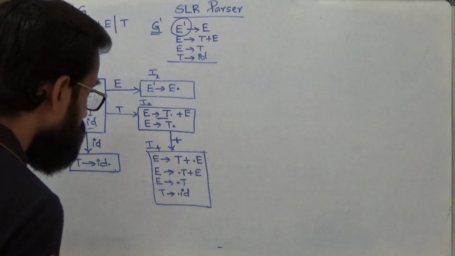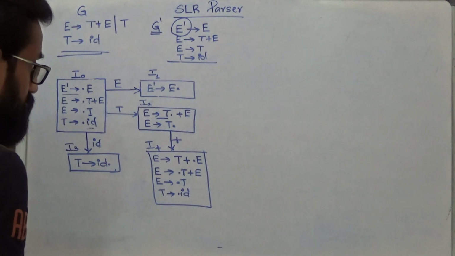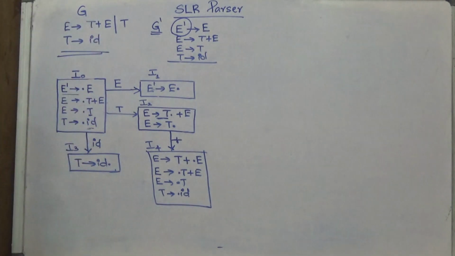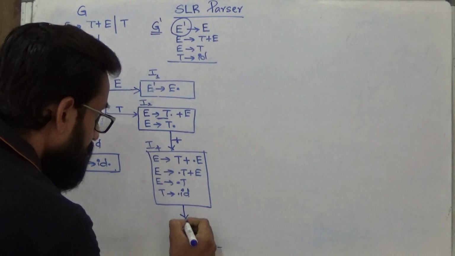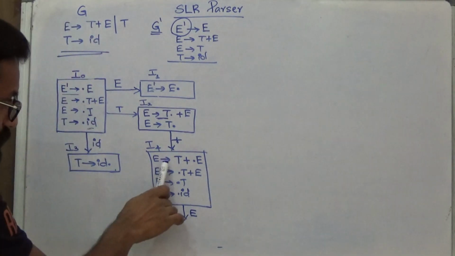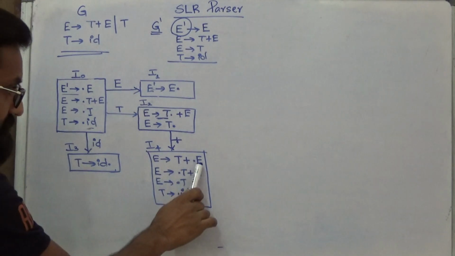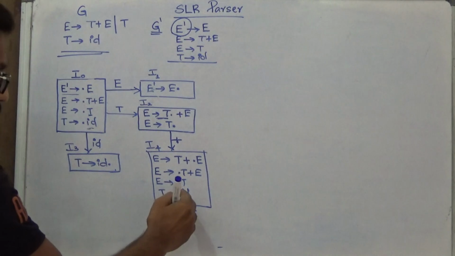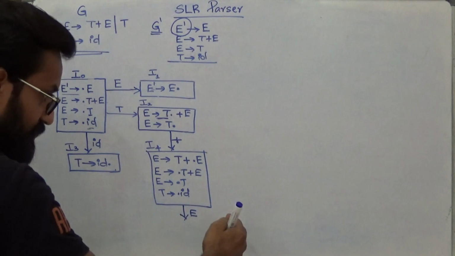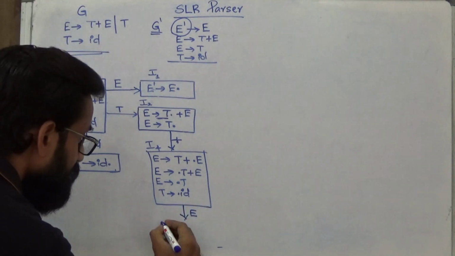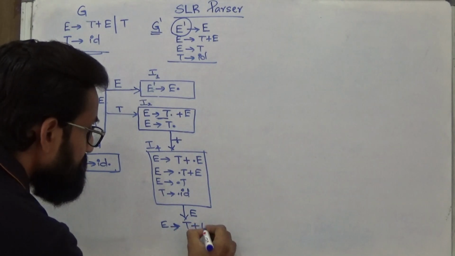Now if I consider this one, you can add a transition corresponding to E. If I add a transition corresponding to E, you have only one right hand side that contains dot immediately followed by E. So if I apply that transition, whenever it scans or sees a string derived from E, the new item will be E giving T plus E dot.